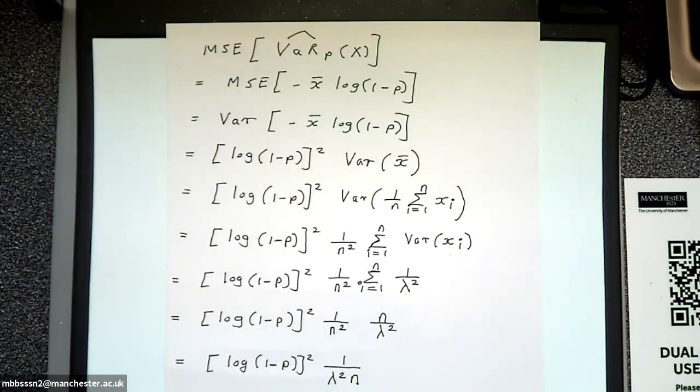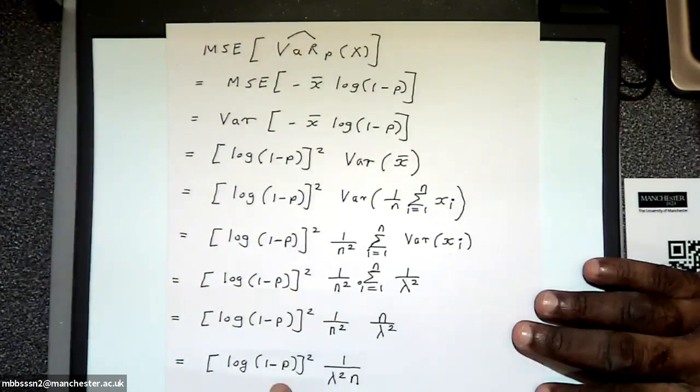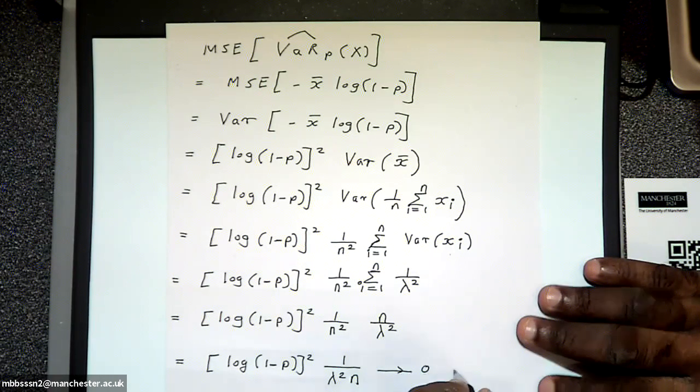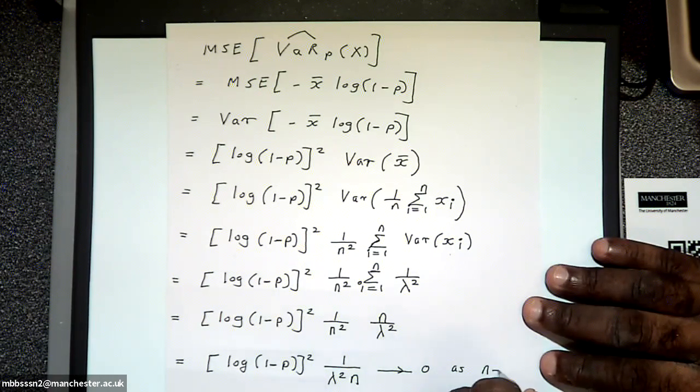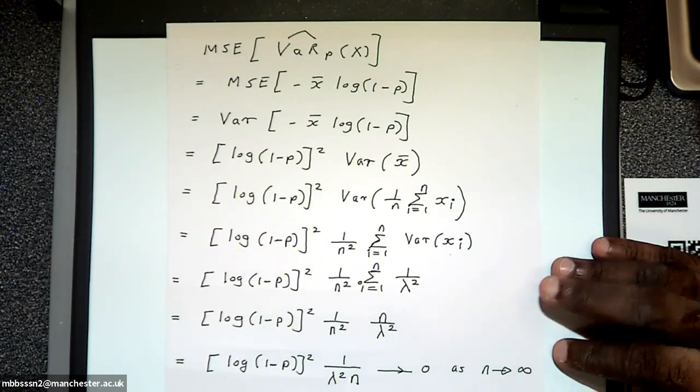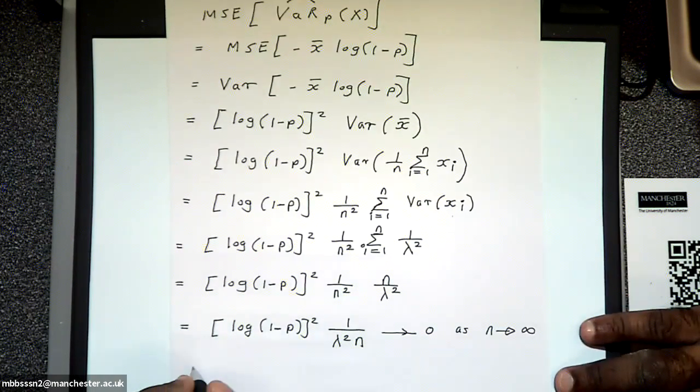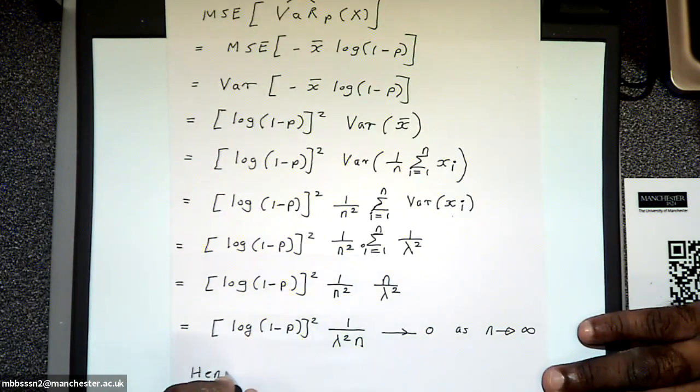This is the formula for the MSE of the estimator. Now, as n approaches infinity, p being a constant and lambda squared being a constant, this clearly approaches 0 as n goes to infinity. So hence, the estimator for VaR is consistent.